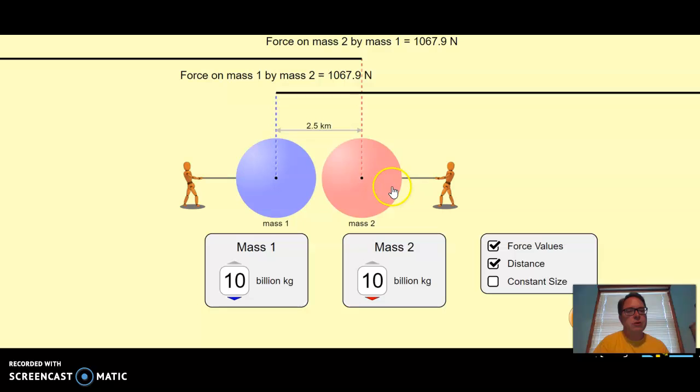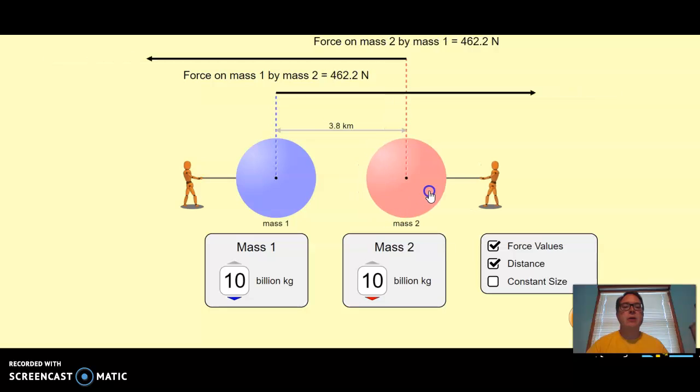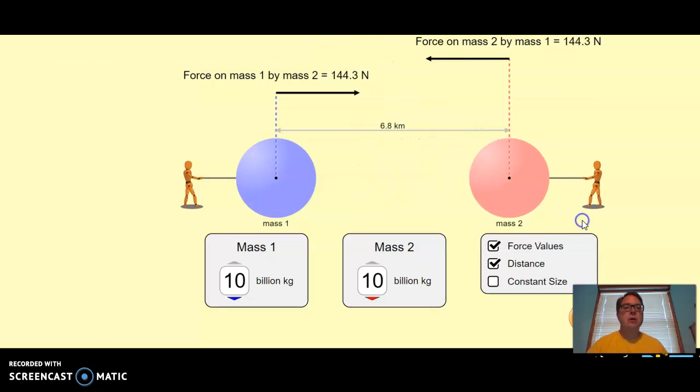What does that tell you about distance and gravity? The closer things are, the stronger the gravity is. So watch, what about when you pull them apart? The farther away objects are, the less force of gravity they experience.